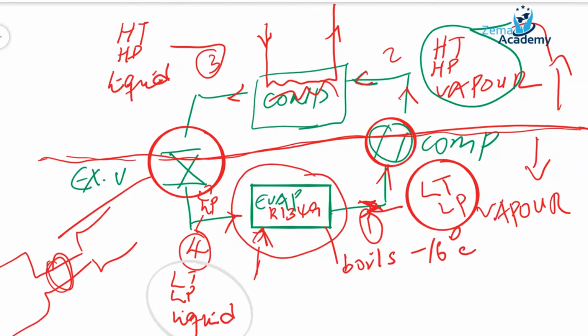And we will look at how evaporating and condensing pressures affect the performance of any system. And by monitoring and controlling the pressure of systems, you can play around with the performance of the system. So that's generally how a vapor compression system operates.